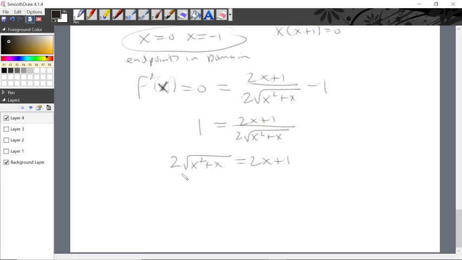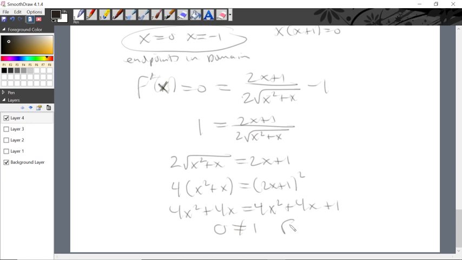I'm going to square both sides of the equation and remove the radical. That gives us 4 times the quantity x squared plus x equals the quantity 2x plus 1 squared. 4x squared plus 4x equals, expanding this, 4x squared, 2x and 2x is 4x, and then plus 1. We can subtract 4x squared and 4x from both sides. We get 0 equals 1, but that is false.